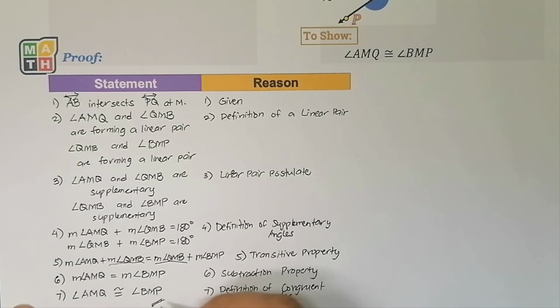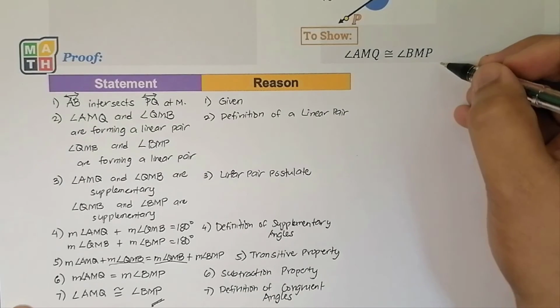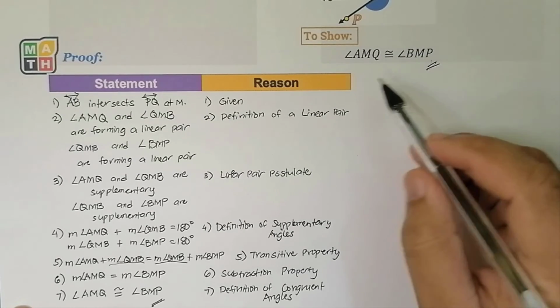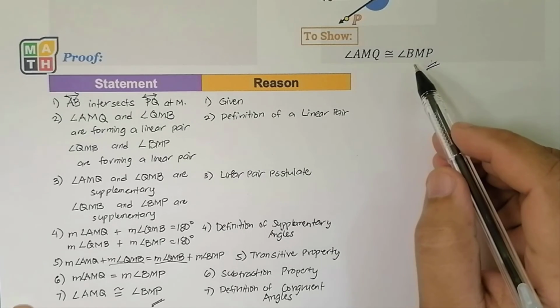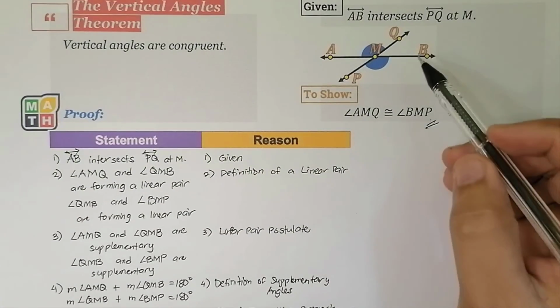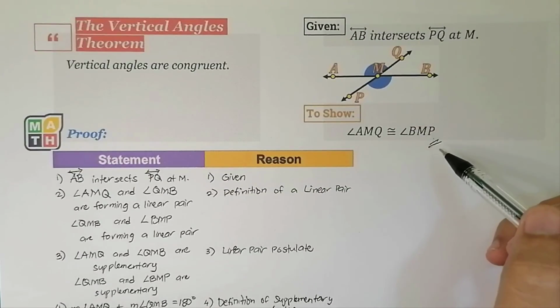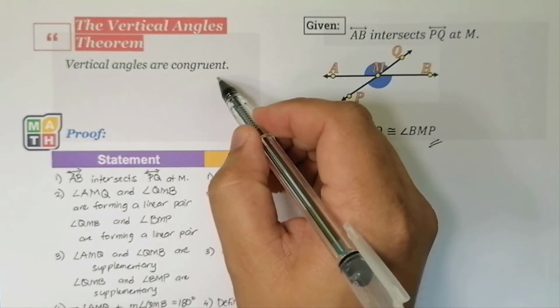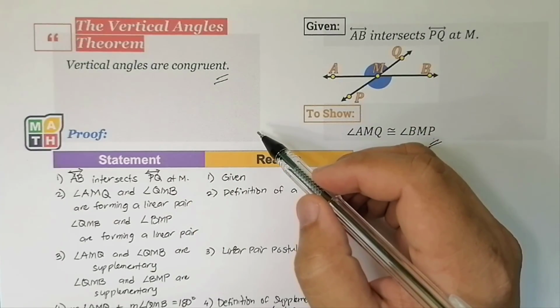We have achieved this given statement. Therefore, we have proven that angle AMQ is congruent to angle BMP in this given situation. And hence, we have shown that the vertical angles are congruent.